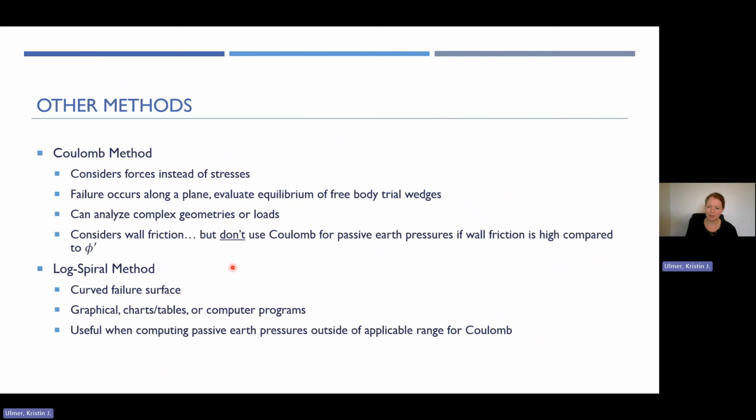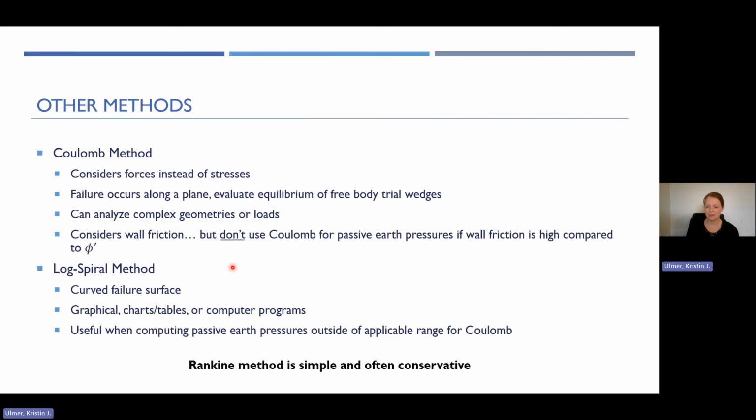So a little more complicated, but useful in scenarios where Coulomb or Rankine are not great choices. It's also useful when you're computing passive earth pressures outside of the applicable range for Coulomb, like I just mentioned. But one of the reasons why Rankine is still a common one to teach and have in your toolbox is because it's simple and often can be pretty conservative.